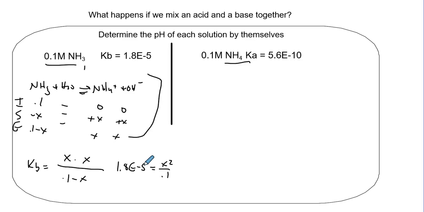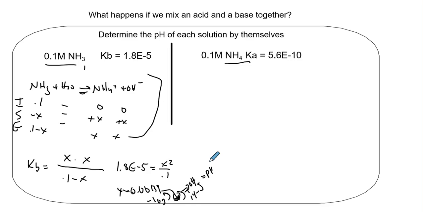So 1.8 e to the negative fifth times 0.1, square root, produces the answer, 0.00134. So x equals 0.00134. You can negative log this guy to get the pOH. 14 minus that guy will give you the pH.